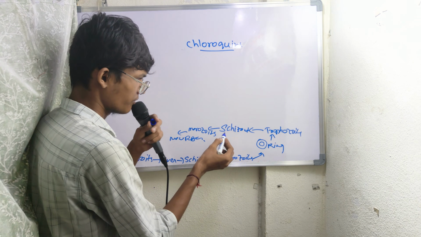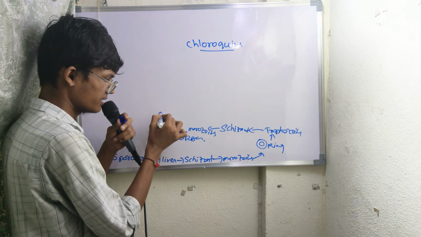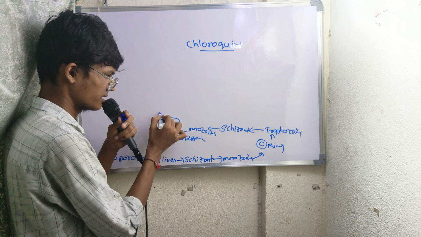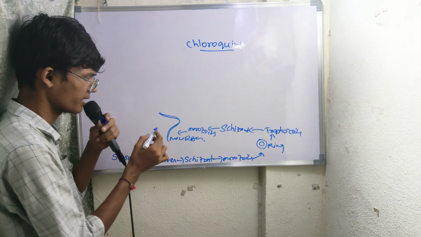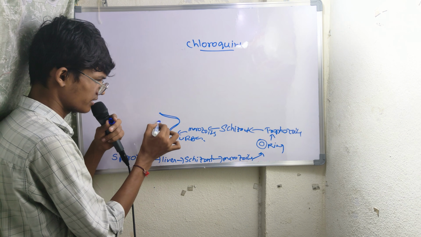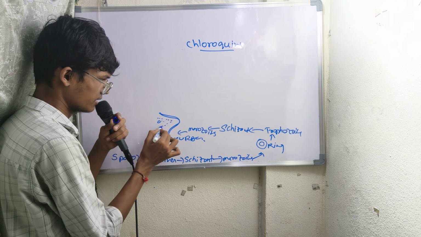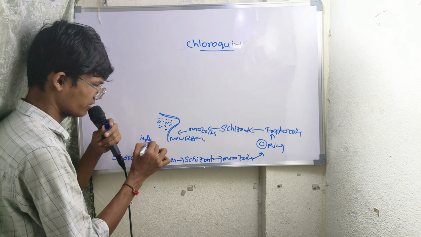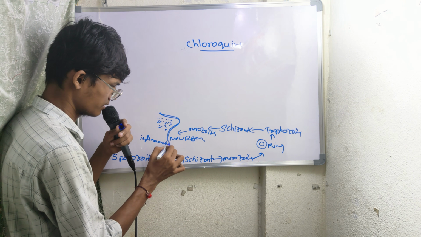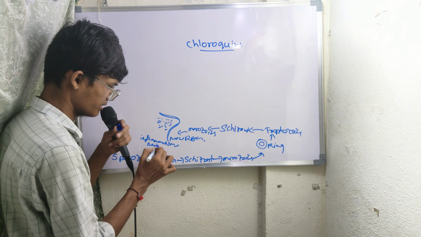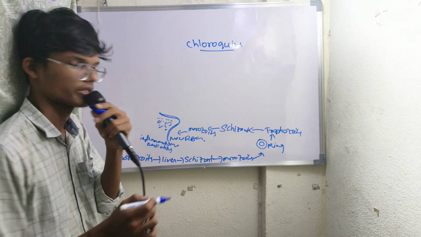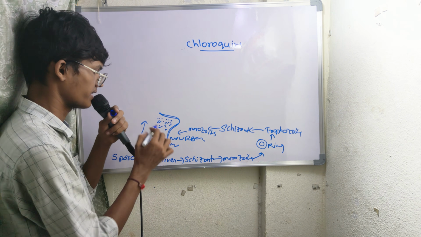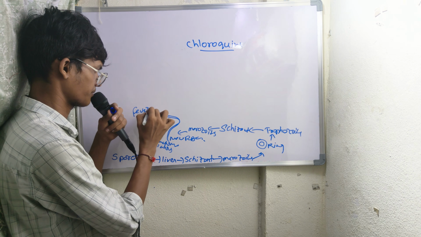Okay, here while this RBC is being broken to release these merozoites, what happened? Along with this RBC material, inflammatory mediators are also released. So that is why we are getting fever.